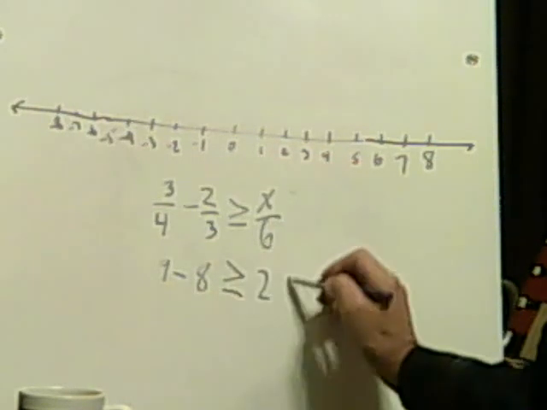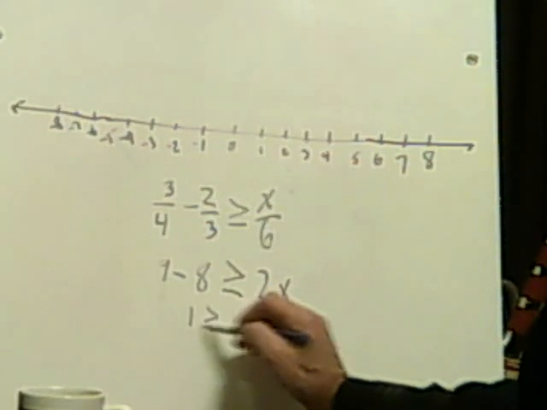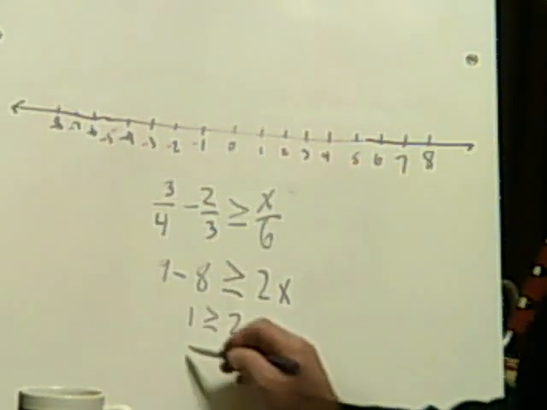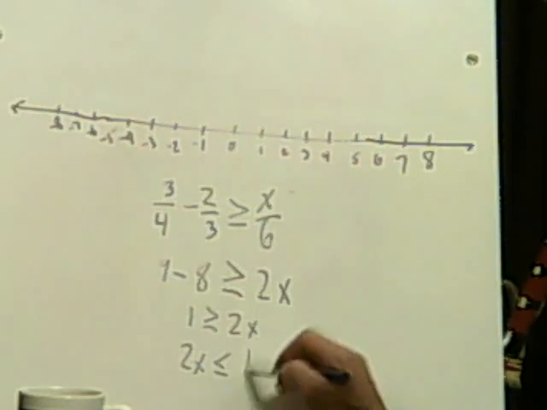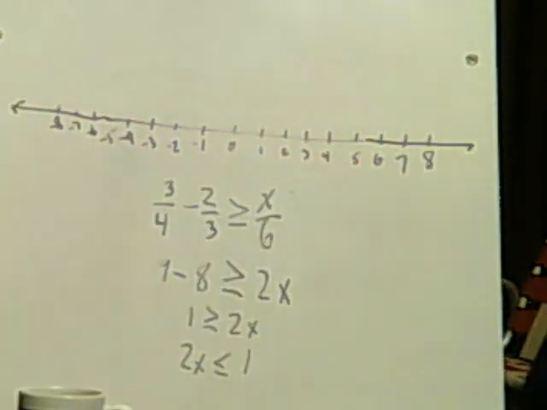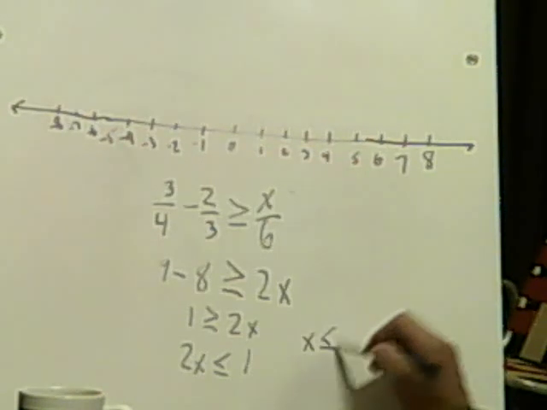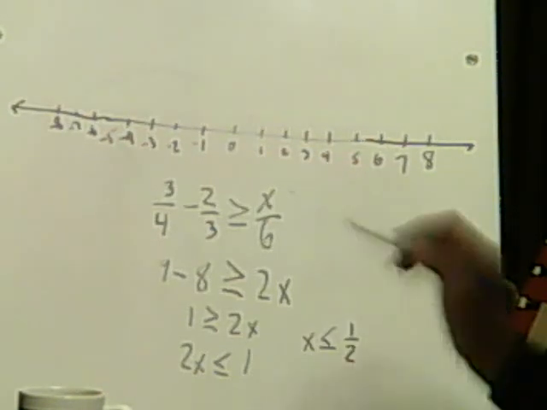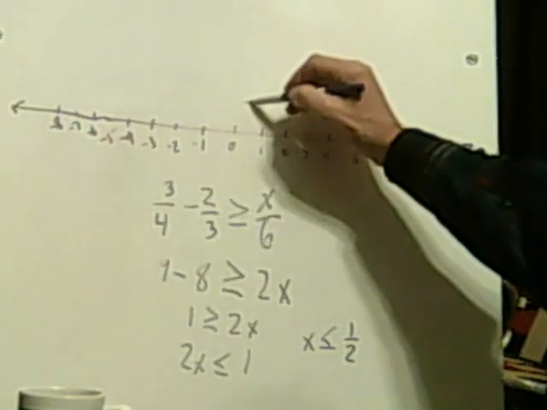12 here is going to be 2x. So all this is reading is that basically 1 is greater than or equal to 2x, or 2x is less than or equal to 1, or x is less than or equal to a half. Okay? x is less than or equal to a half, so that's going to be square bracket.